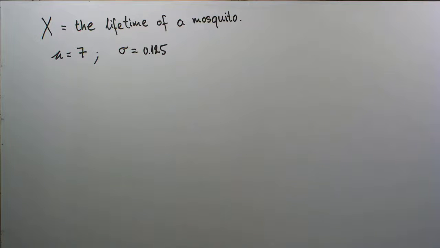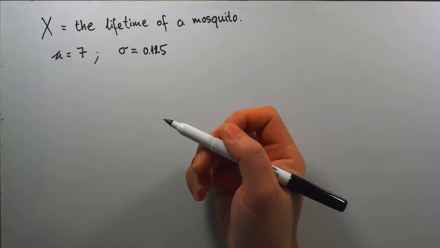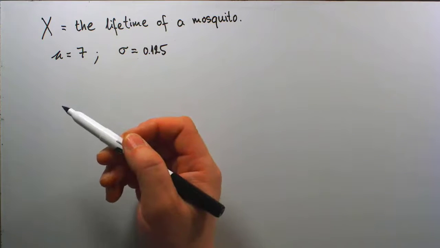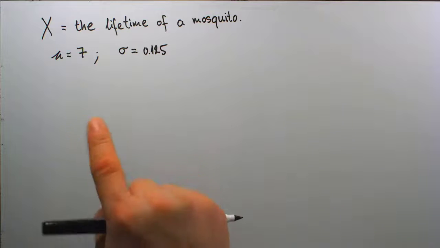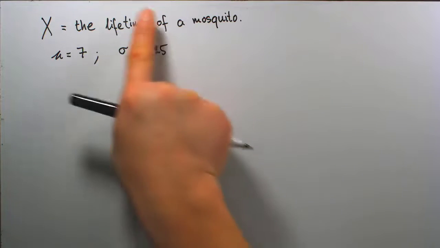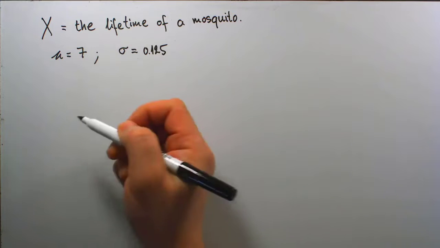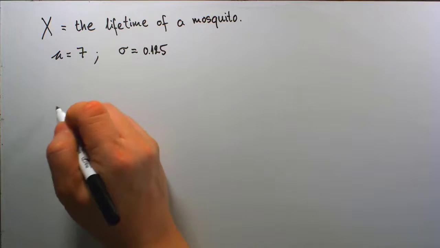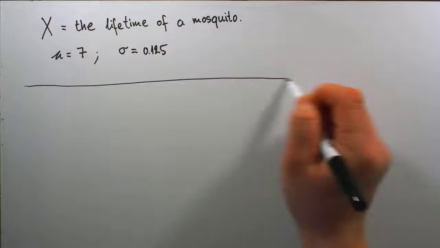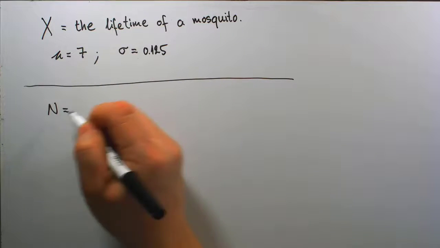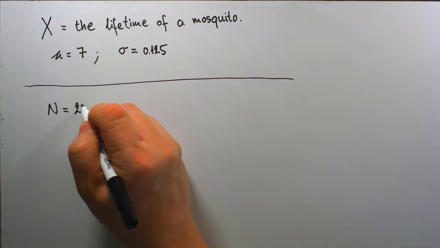And so after thorough discussion in the lecture regarding sampling distribution, the idea now is that from this population, we are picking samples. From each sample, we select 25 mosquitoes.